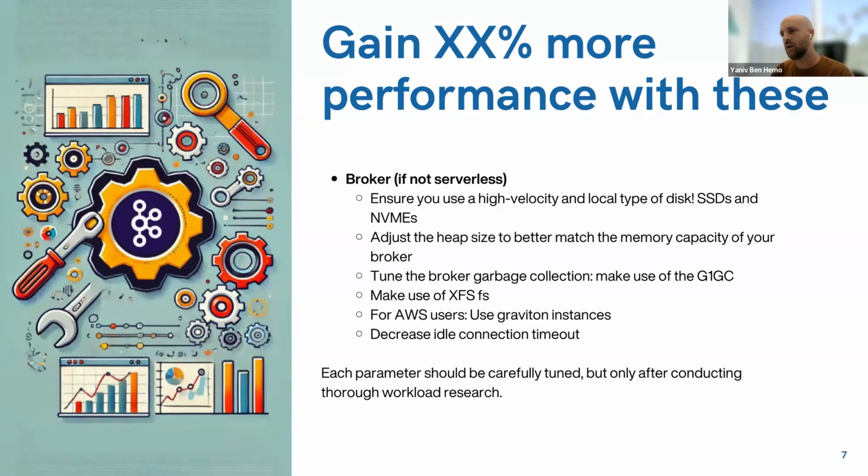For AWS users, use Graviton instances that can reduce your CPU utilization by up to 38% and memory utilization by up to 57%, according to, first of all, our benchmarks, and of course, other users that made that change. So Graviton instances greatly affect your cost efficiency and also performance. And decrease idle connection timeout. Don't let them pile up and then get killed at once in a large number.